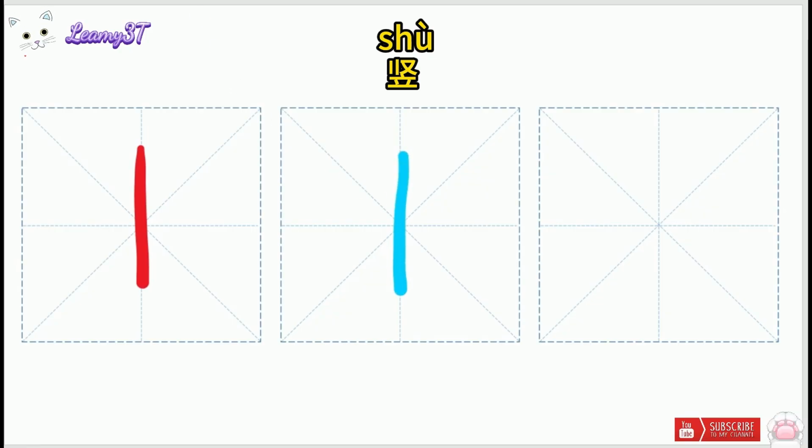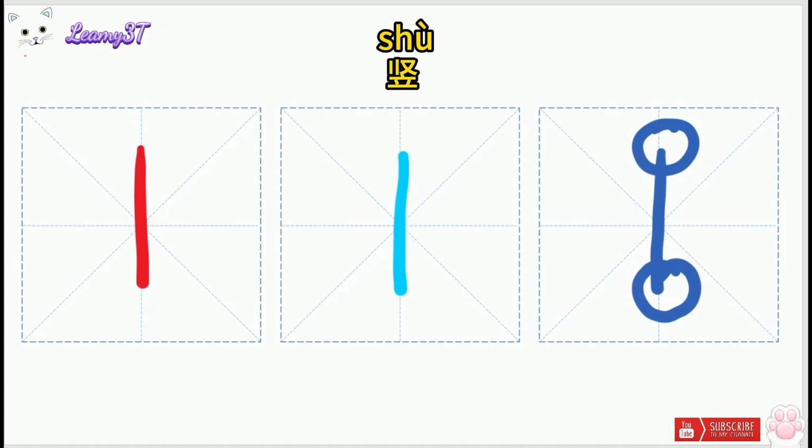Shu. Again. Shu. Good. Okay. When we write shu, always go from the top to the bottom. Shu is also straight. Straight with no curves in.